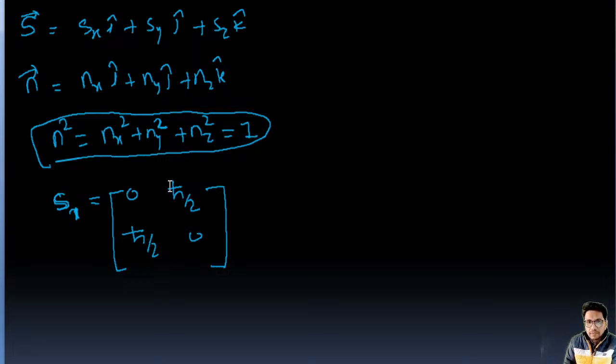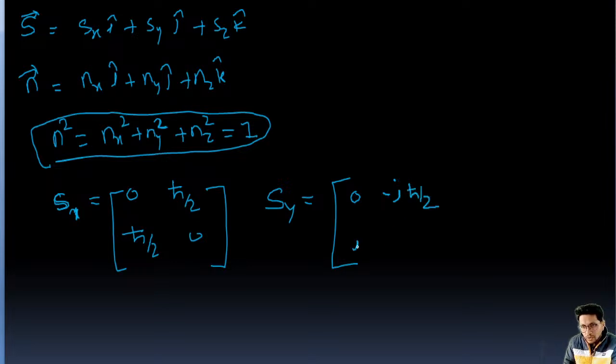And Sy is the matrix with 0, minus iota h cut by 2 in the first row and iota h cut by 2, 0 in the second row.